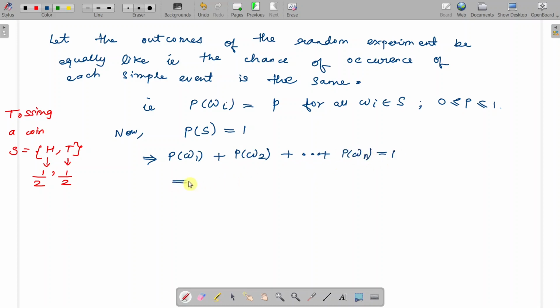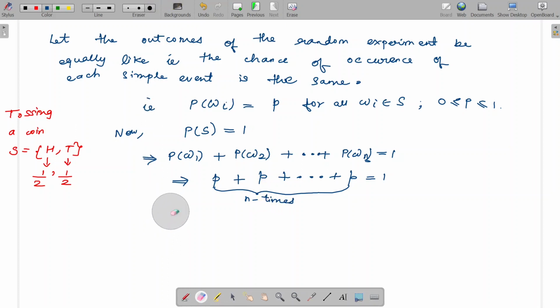This implies the probability of all the outcomes is the same, p. So p plus p up to p is equal to 1. How many times is this? 1, 2, up to n, so n times.